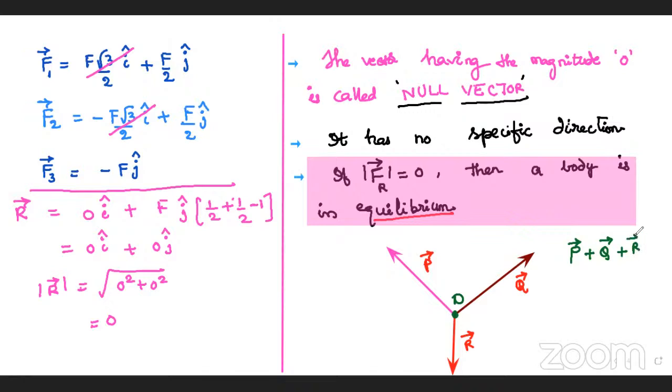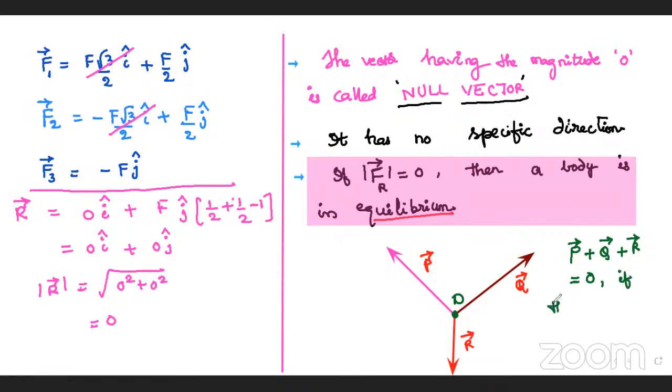This is the addition of the given vectors, three vectors. P bar plus Q bar plus R bar is equal to 0. You can say P bar plus Q bar plus R bar equals 0 if I give the condition in the question.